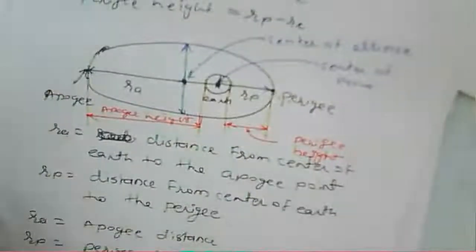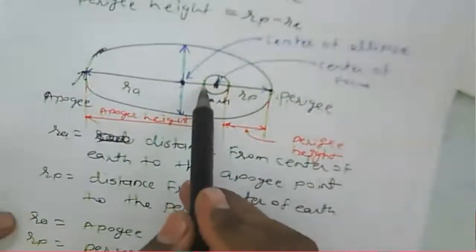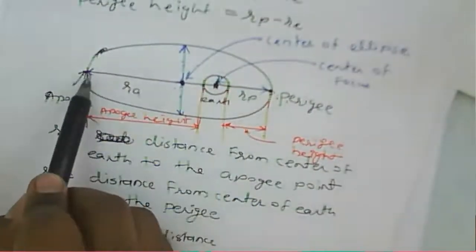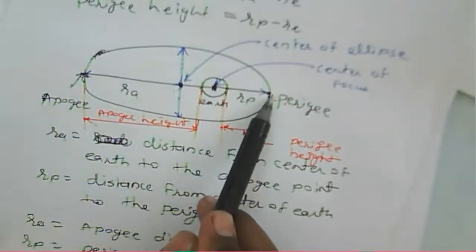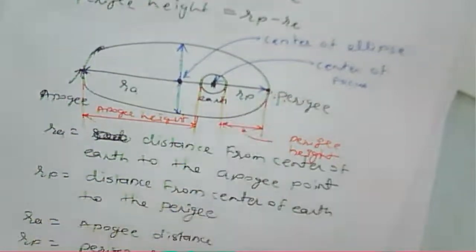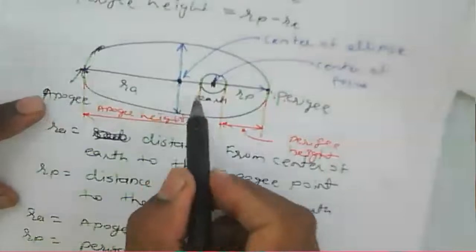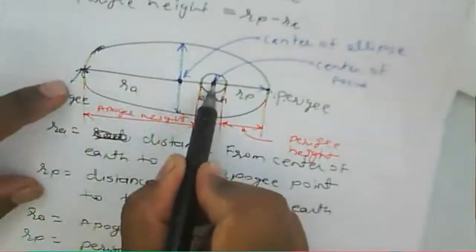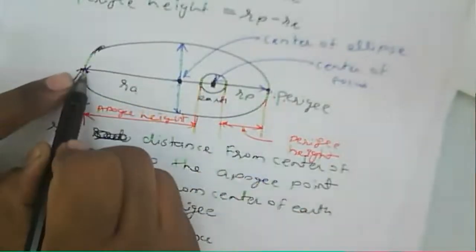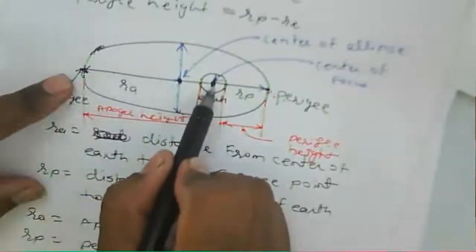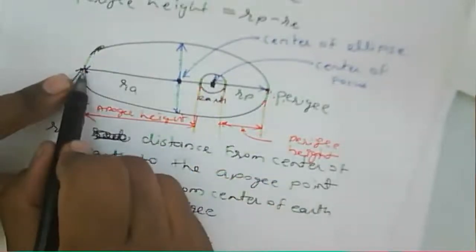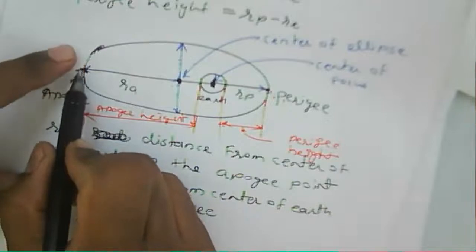So apogee height is nothing but the distance from the surface of the earth to the apogee point, and perigee height is the distance from the surface of the earth to the perigee point. Apogee distance is from the center of the earth to the apogee point.